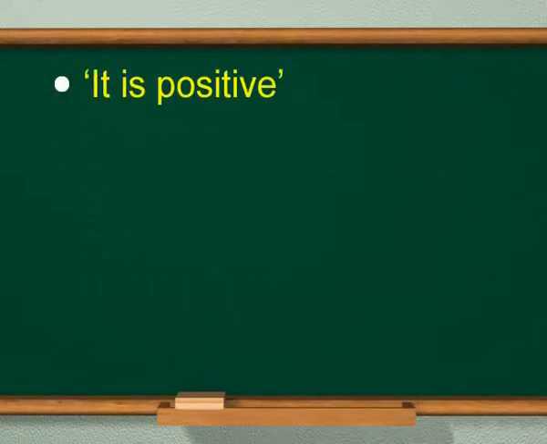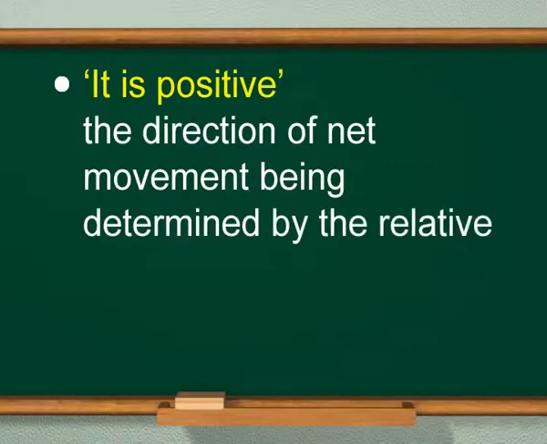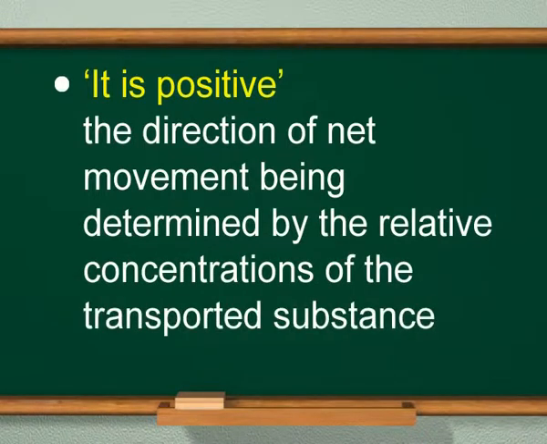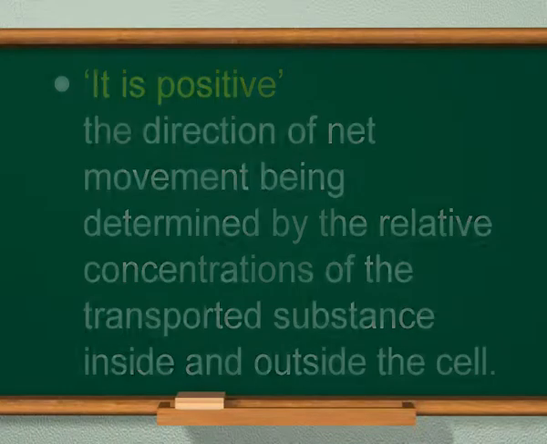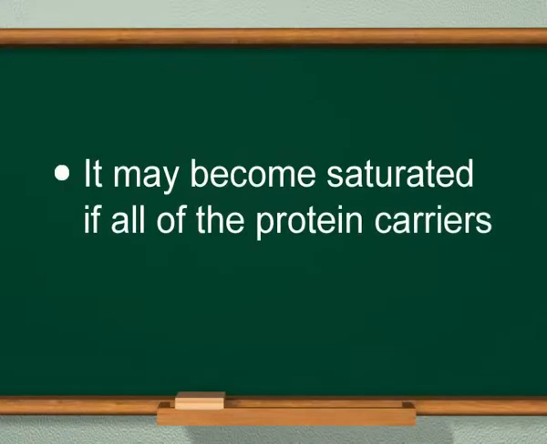It is passive, the direction of net movement being determined by the relative concentrations of the transported substance inside and outside the cell. It may become saturated if all of the protein carriers are in use.